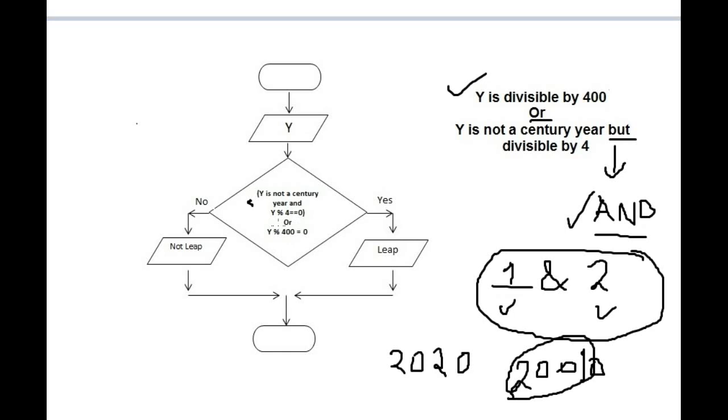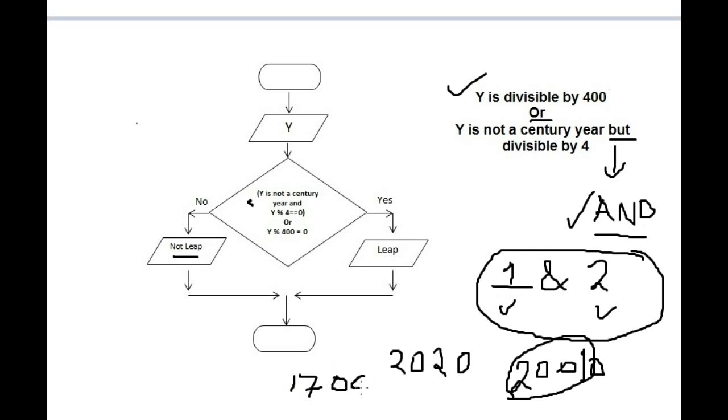So what is happening? This is no, this is no. So in the case where both are no and we are using "or", the whole thing is going to give us a no. So where will we go? We will go towards no and we will print not a leap year.